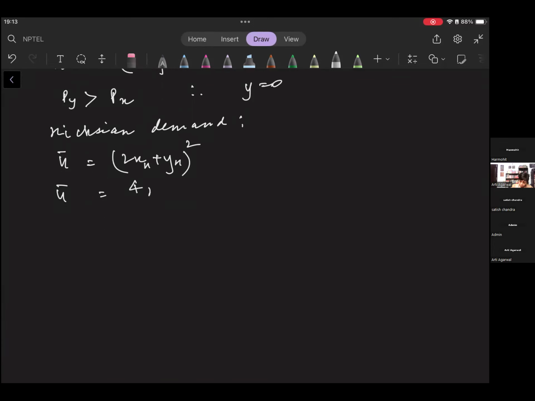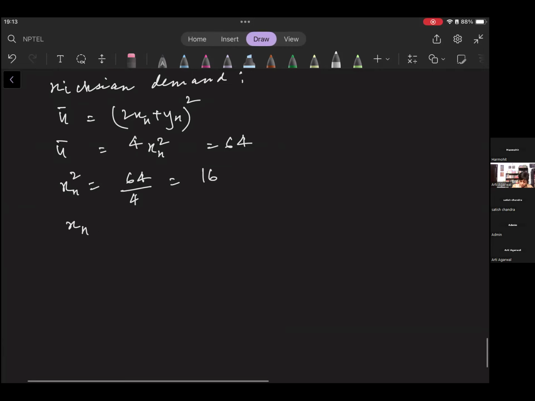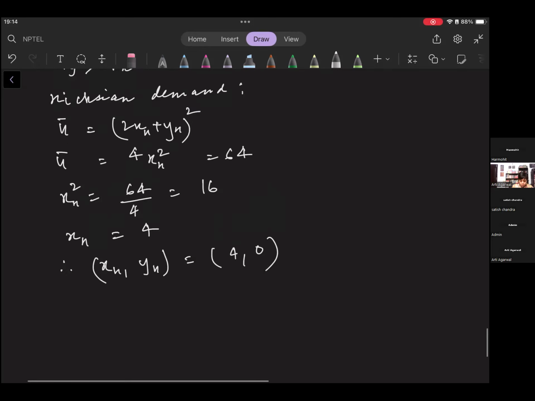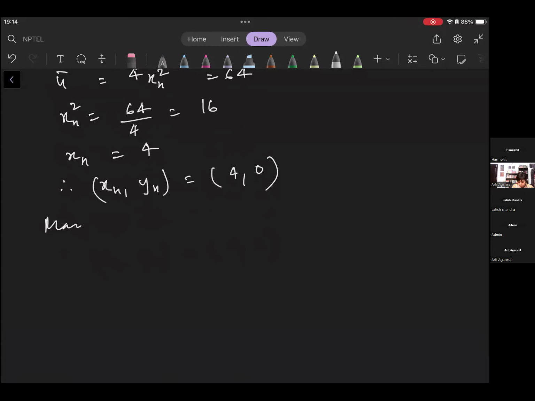So you have 4 xh square is equal to 64. So xh square is equal to 64 by 4, is equal to 16. xh is equal to 4. So the Hicksian demand is 4 comma 0. Is this okay? Is it making sense to everybody? Now we calculate the new Marshallian demand.